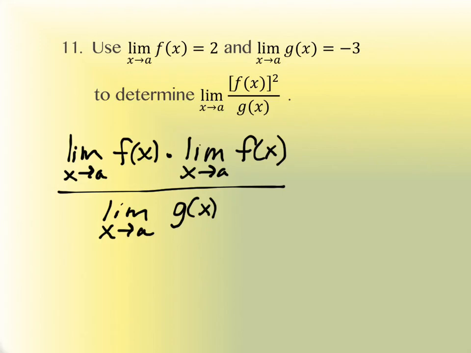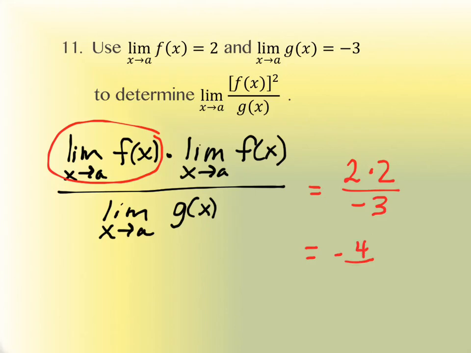Because I'm able to write this into these 3 pieces, I can actually replace each of these with what they are. What is the limit as x approaches a of f of x? It's 2. And it's 2 twice because I've got 2 of those in my numerator. And what is the limit as x approaches a of g of x? It's -3, which means that my answer becomes -4/3.